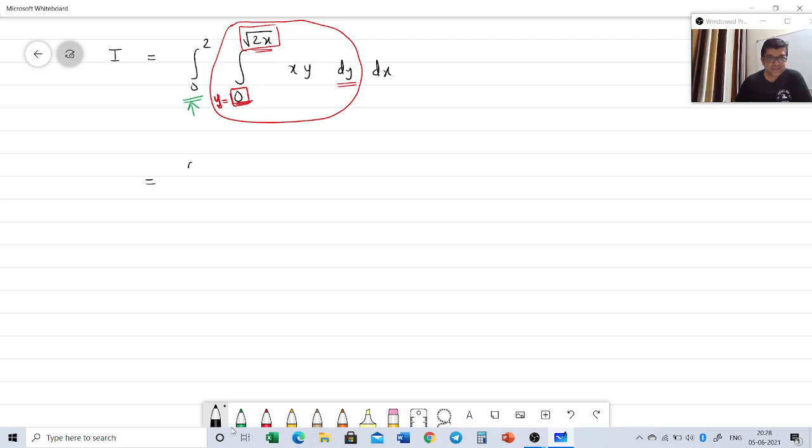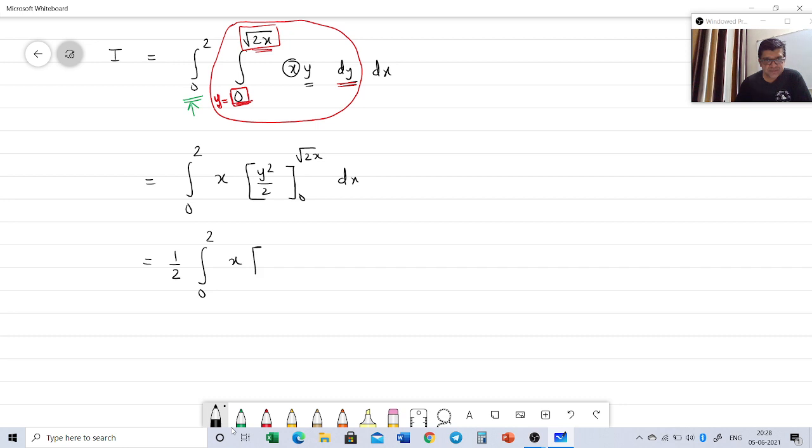So let us integrate. So it is outer integral as it is. Now I'm integrating with respect to y. So this guy x is constant. So let it be as it is. So integral of y will be y square by 2 between the limits 0 to root 2x, right? dx. 1 by 2, I can totally keep it outside, right? It's 1 by 2. So this is 0 to 2x.